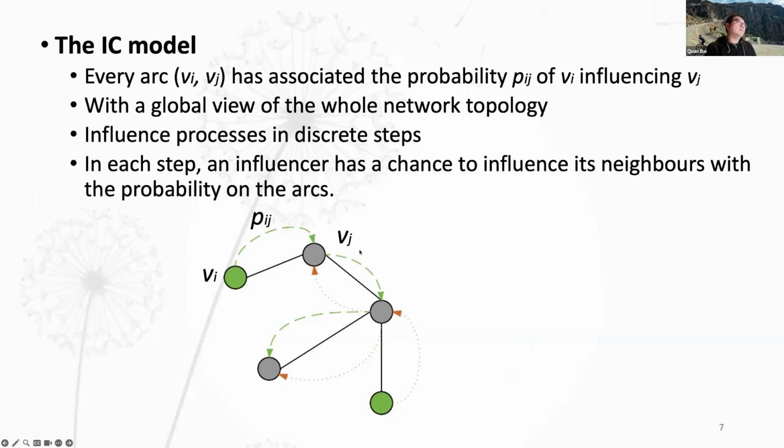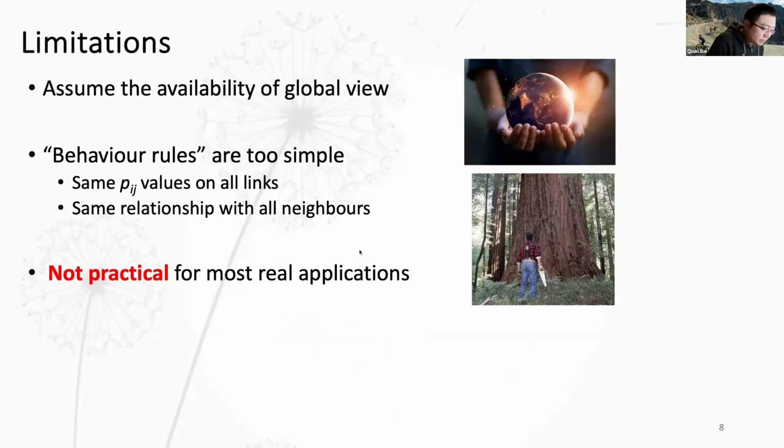They normally assume the overall topology of the whole social network is available, and in each step they simulate based on the predefined probability values to see what the new status of the whole social network will be after each round. This type of approach has been applied for many years and is very popular in social science, but it also has some limitations.